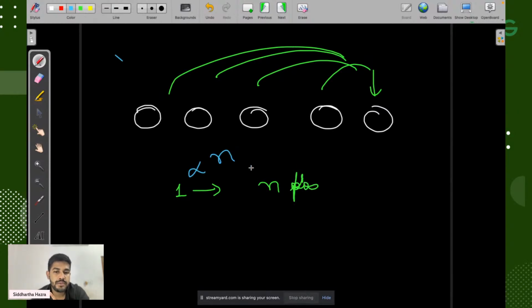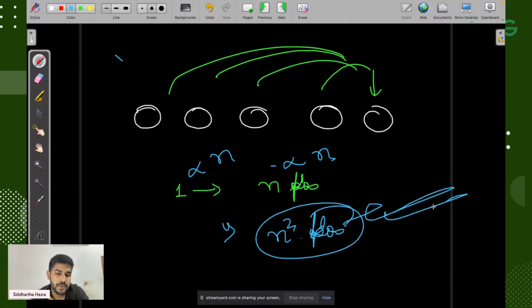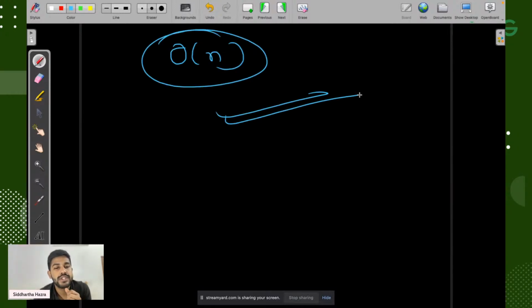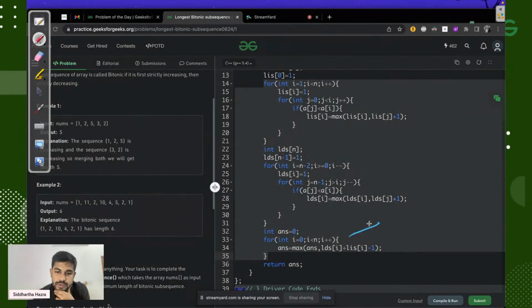For checking n positions, multiplying n on both sides, we would be checking n square positions for longest increasing and longest decreasing, because both of them work the same way. The last computation is big O of n, because we are just doing the computation work.